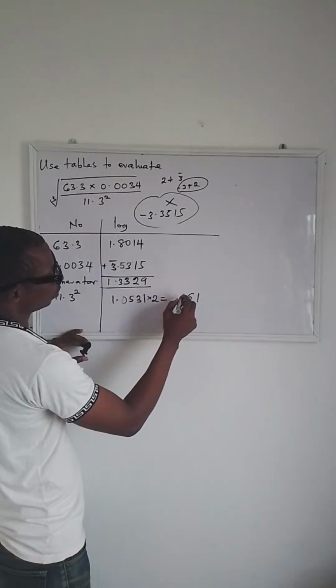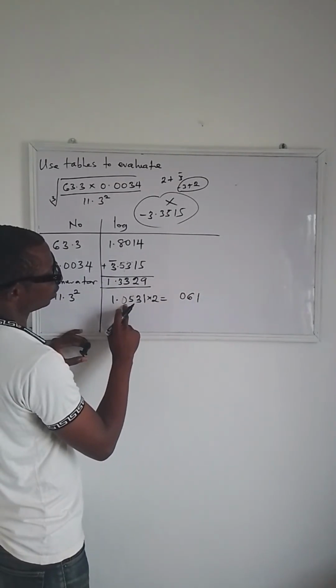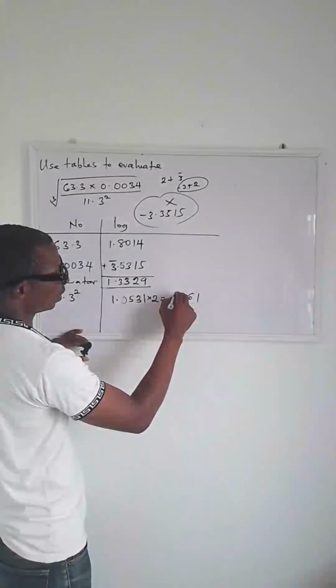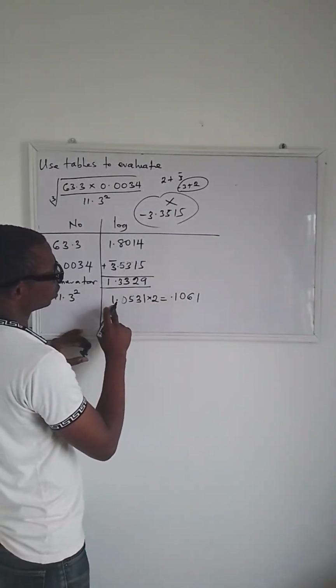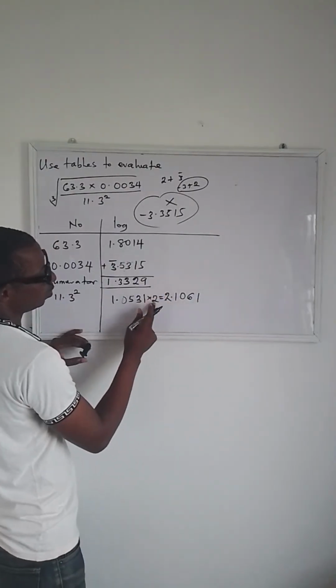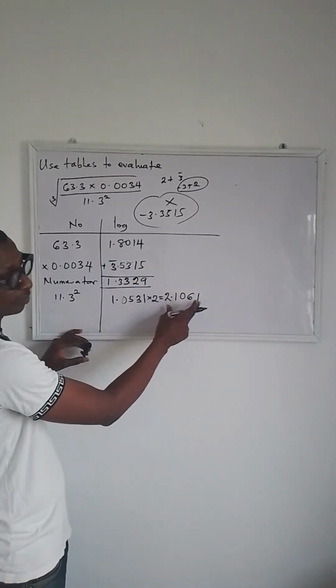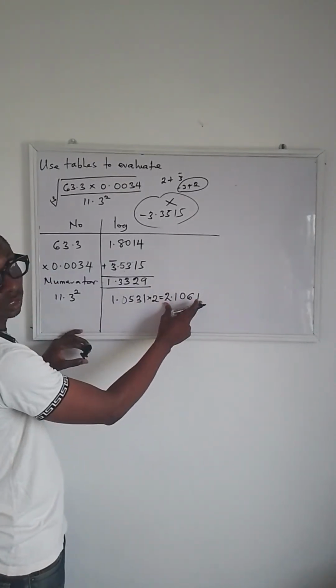That's 10. So you write 0, you keep 1. 2 times 0 is 0 plus that 1, you have 1. And 2 times 1, that is 2. So when you multiply this by this is what you have. All right, so this is what we have for the denominator.